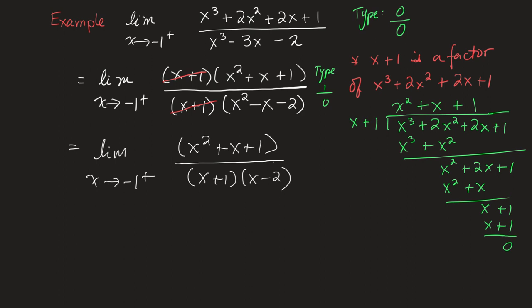And that numerator, x squared plus x plus 1, is irreducible. It doesn't factor. If you don't believe me, check the discriminant. The discriminant would be b squared minus 4ac, which is 1 minus 4, which is minus 3, which is less than 0. So I know this is irreducible.